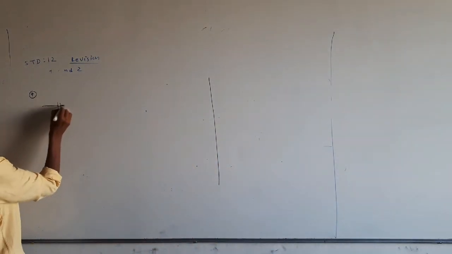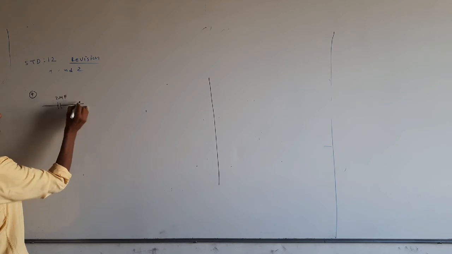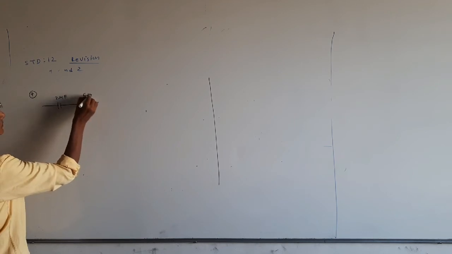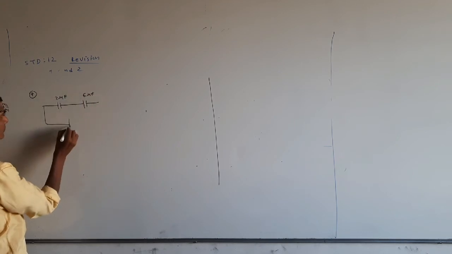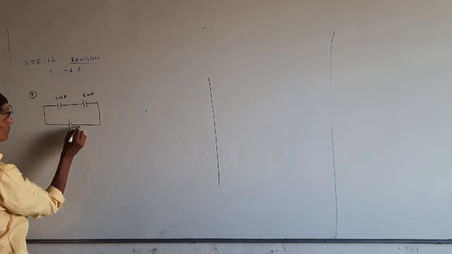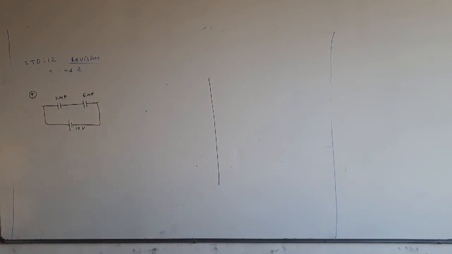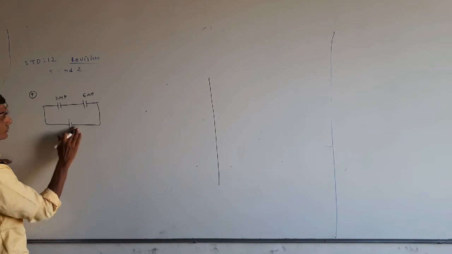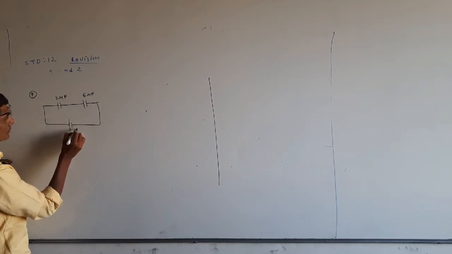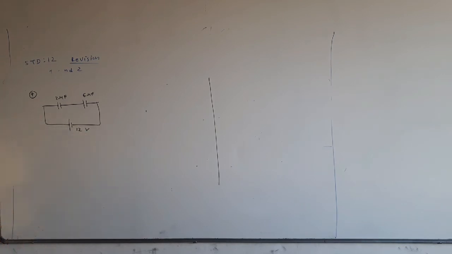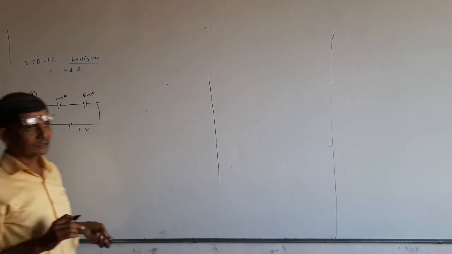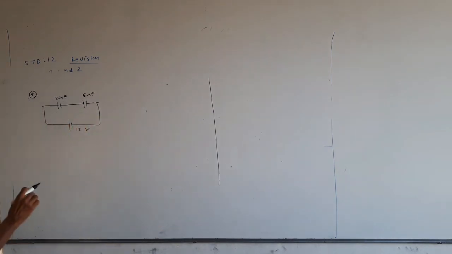Okay, let us say there is a ten volt battery. Now we have to calculate the voltage across each capacitor.